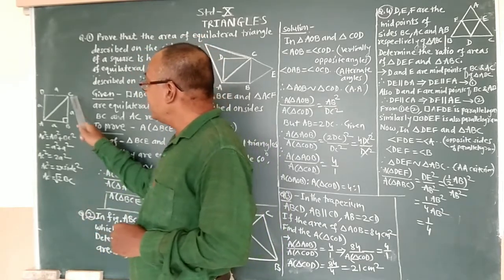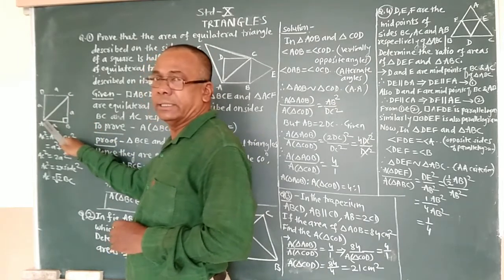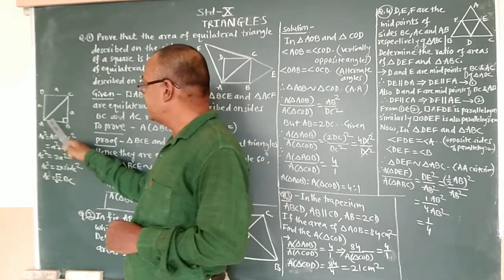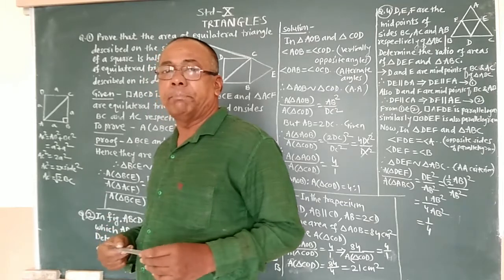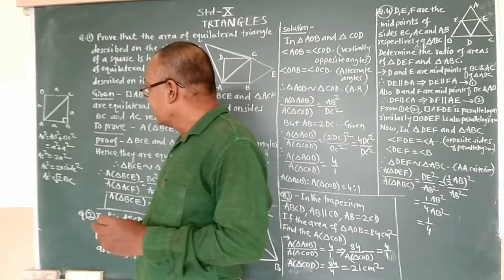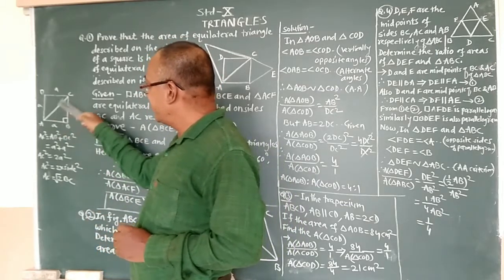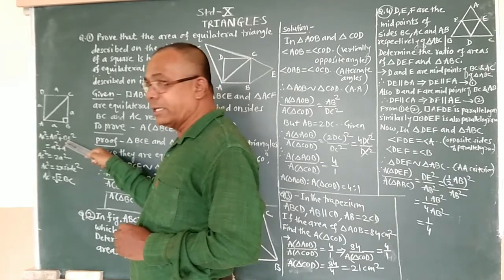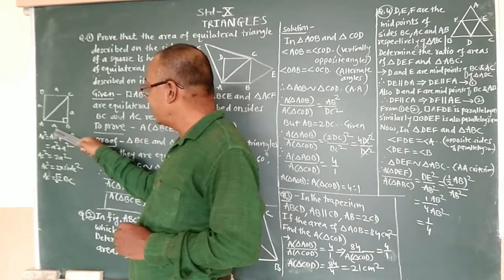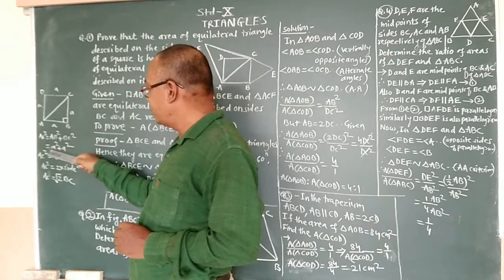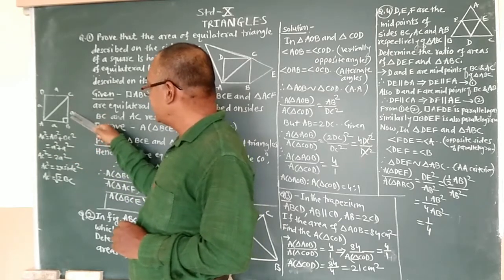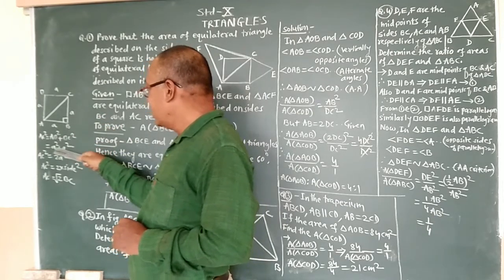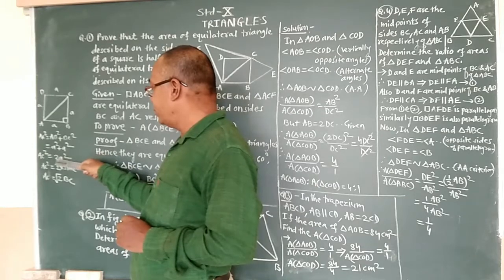To find the length of AC, we have to apply the Pythagoras theorem. Means AC square is equal to AB square plus BC square. But AB is a, so a square, and BC is also a, so a square. So a square plus a square is equal to 2a square.